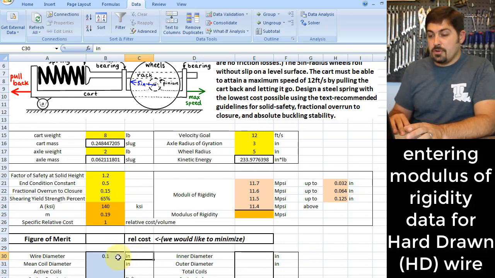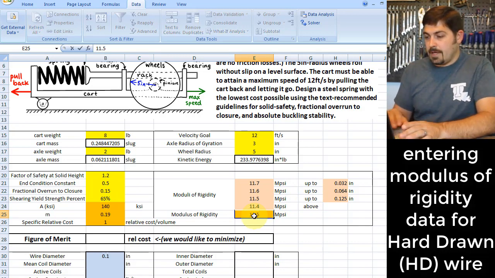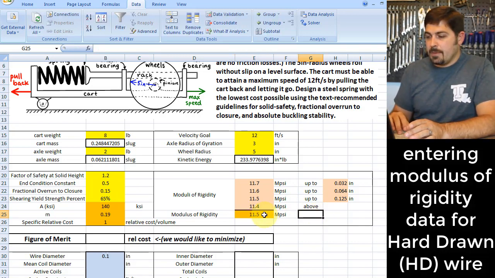Let's just assume a 0.1 inch wire diameter as an initial guess. And if that's what we have, then you'll see that we should have an 11.5 modulus of rigidity. I'm doing this manually here. It's a little bit easier. I won't have to incorporate some sort of fancy conditional function in here to try to automatically select this. It also makes it to where the solution will be over a continuous domain.